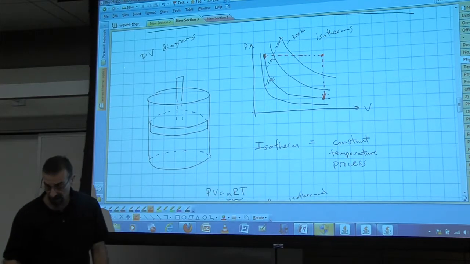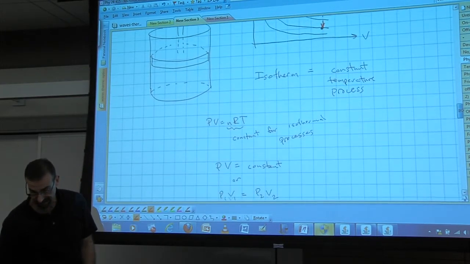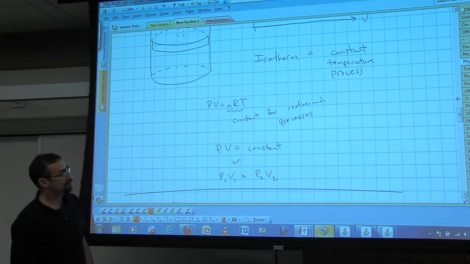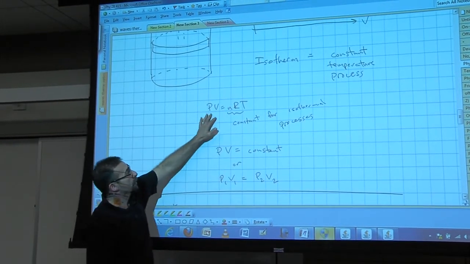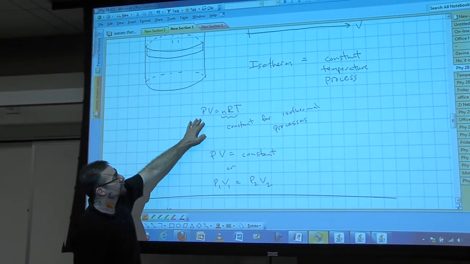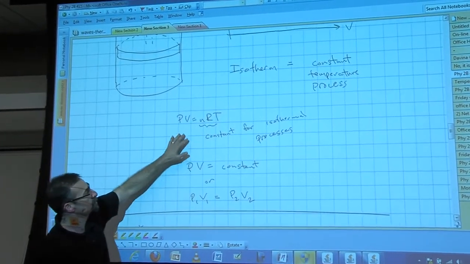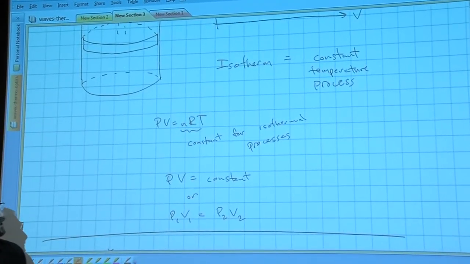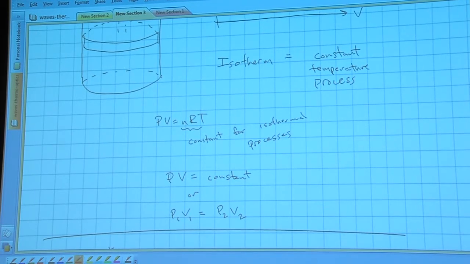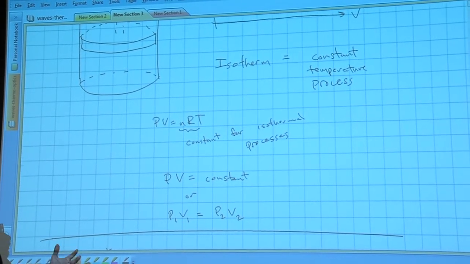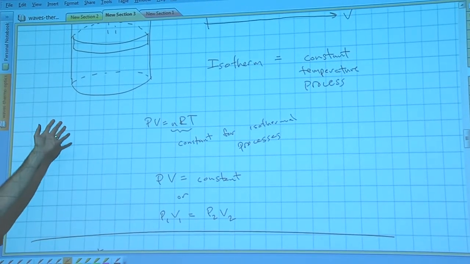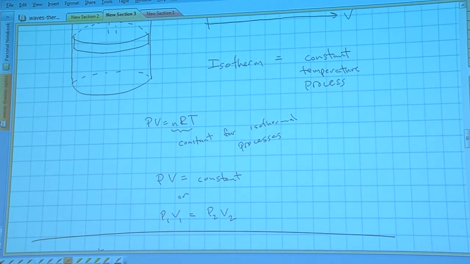Okay, so let's put some of it together. Our equation of state, our ideal gas law, tells us that relationship, and we can look at certain particular cases. One of those is for a sealed system where the number of moles of gas does not change.